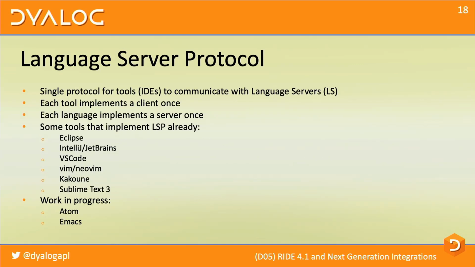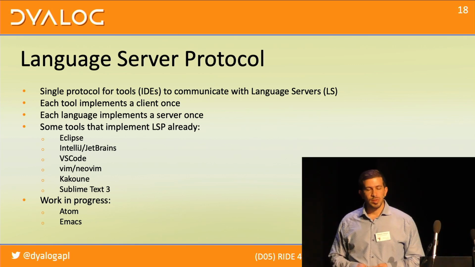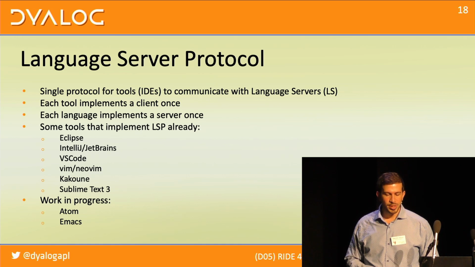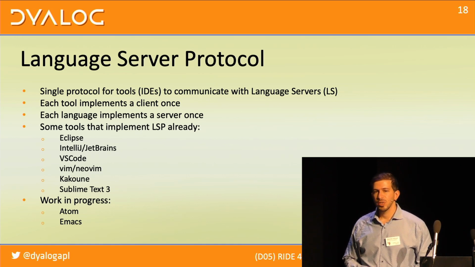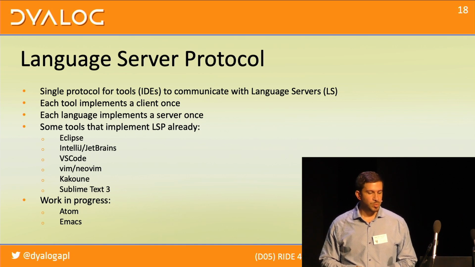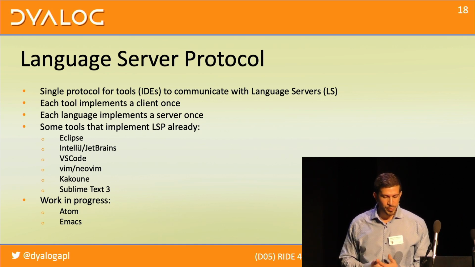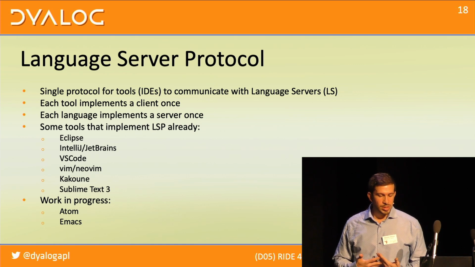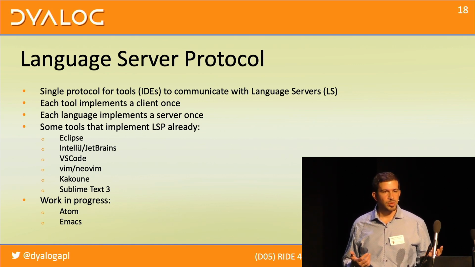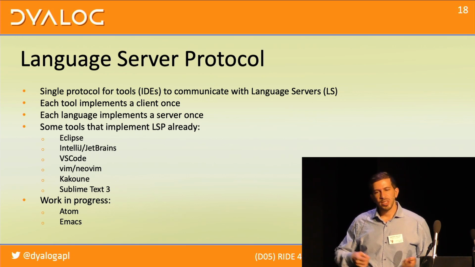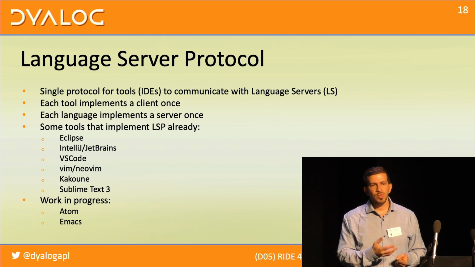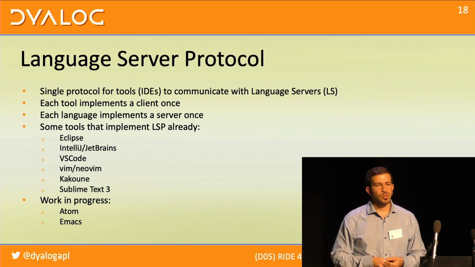The second way of contributing a language to VsCode is by implementing something called a language server. And the language server implements the language server protocol devised by Microsoft. The idea with this protocol is that each tool implements a client for this protocol that presents the server with events like, the user has just opened this document.